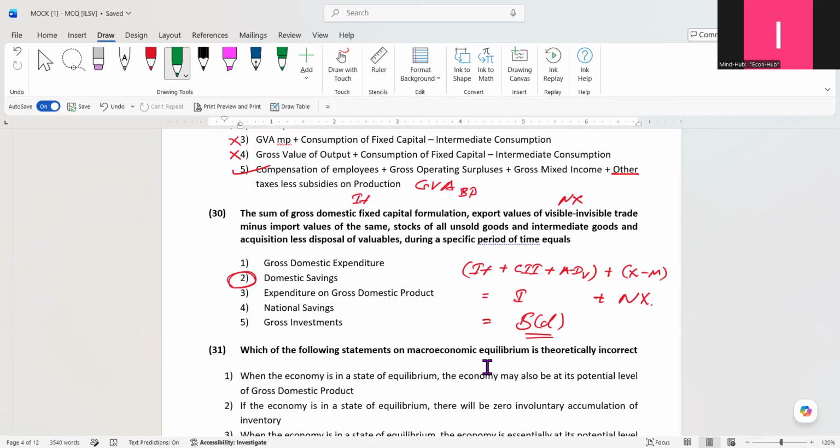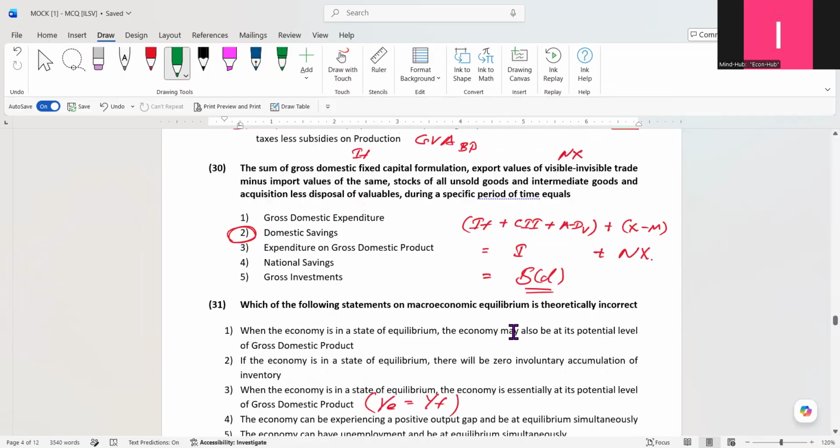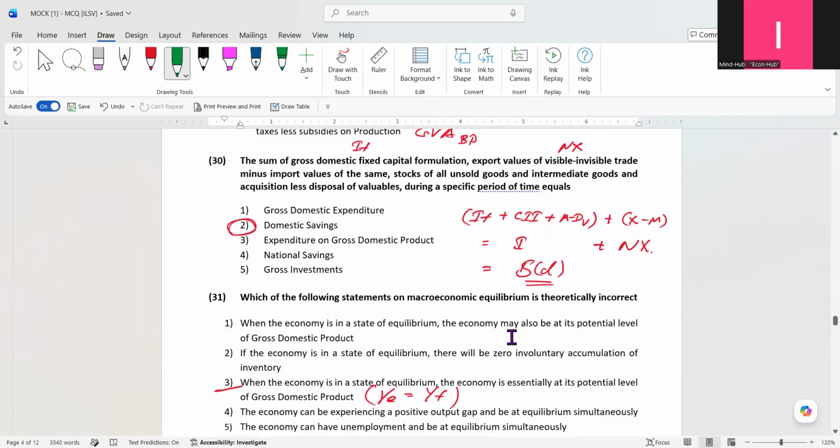Basically, IF plus CII, acquisition minus disposal, plus net taxes. So basically, domestic savings. I've explained with the formula there. Within brackets is the I component. Then net exports. I plus net exports is another way to estimate domestic savings. If you read carefully, you can get the answer. Domestic savings.